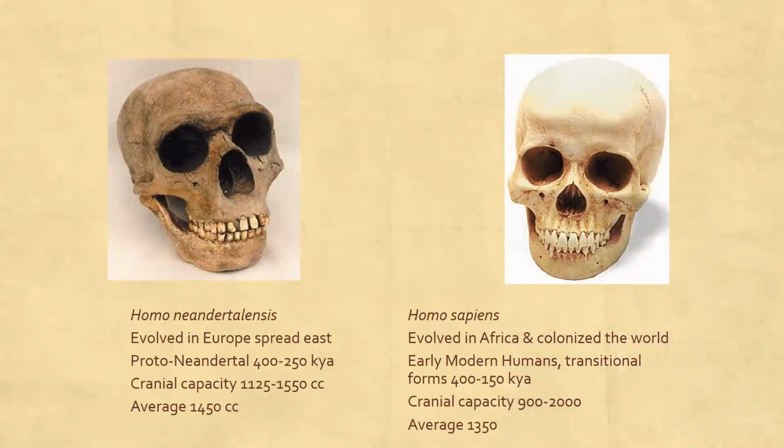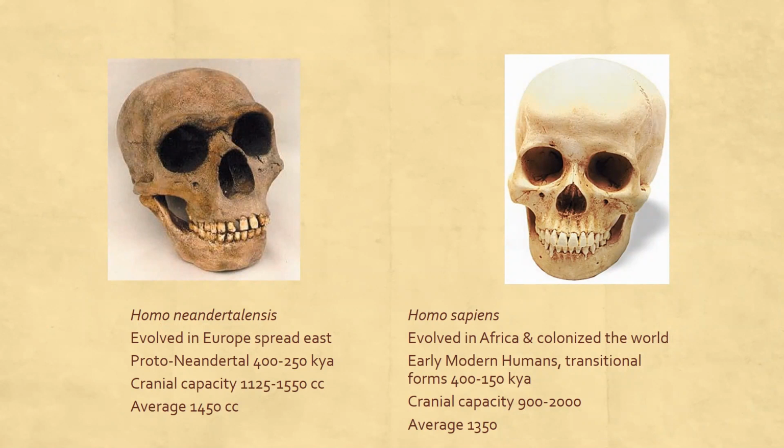Homo neanderthalensis evolved in Europe and spread towards the east into Eurasia. Proto-Neanderthal specimens appear as early as 400,000 years ago, up to 250,000 years ago, with cranial capacities that exceed that of modern humans. Neanderthals are robust.